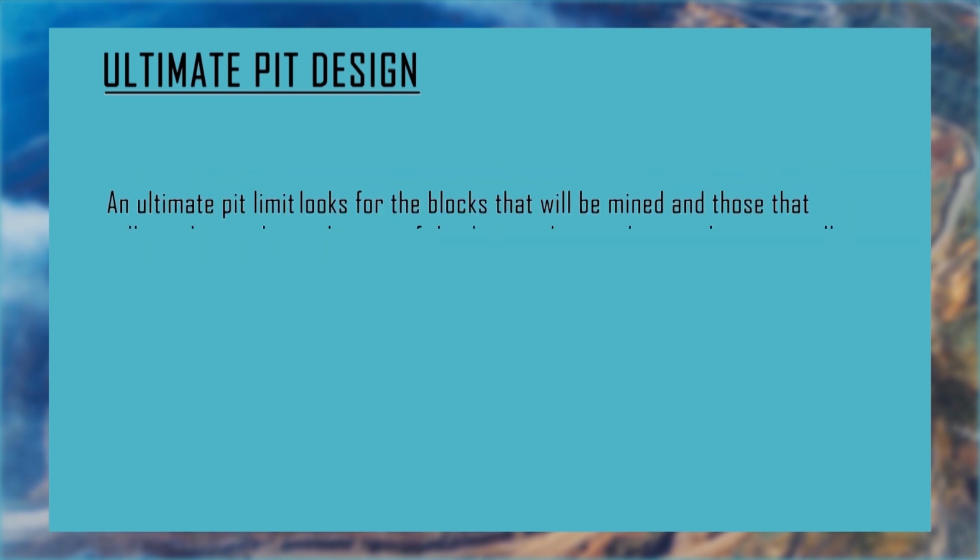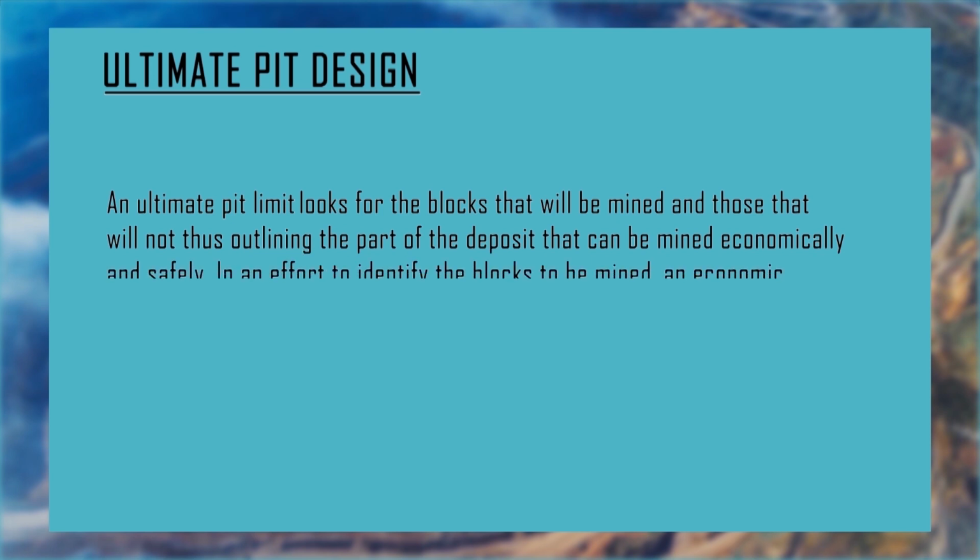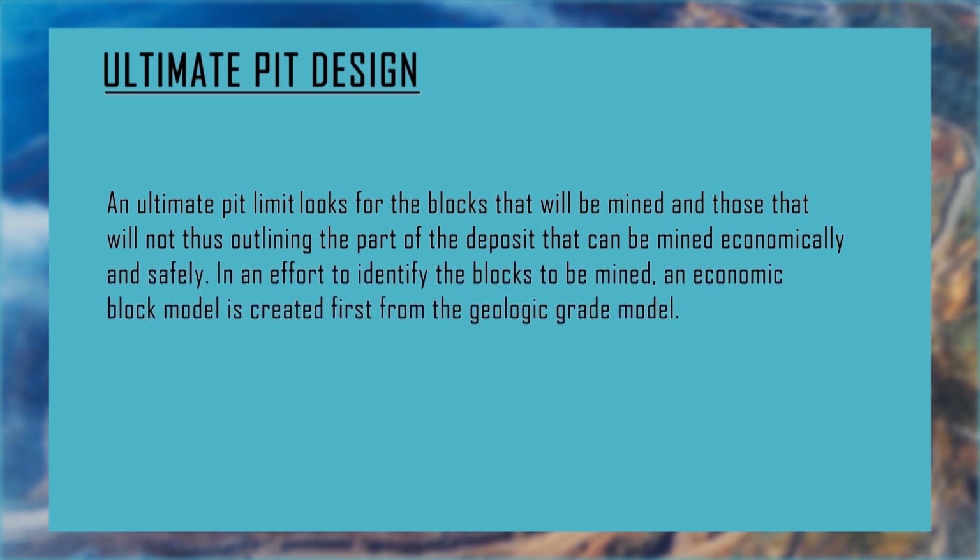An ultimate pit limit looks for the blocks that will be mined and those that will not, thus outlining the part of the deposit that can be mined economically and safely. In an effort to identify the blocks to be mined, an economic block model is created first from the geological grade model.